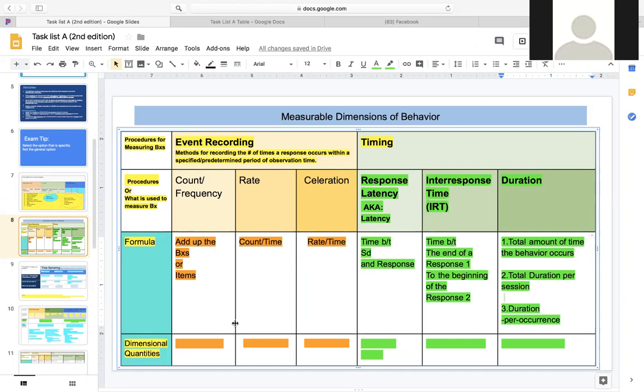For example, if the individual had 3 instances of behavior and each of them was 5 seconds, then the total duration for the session would be 15 seconds. And in duration per occurrence, you would list each of those instances that occurred for 5 seconds each. Okay, perfect.